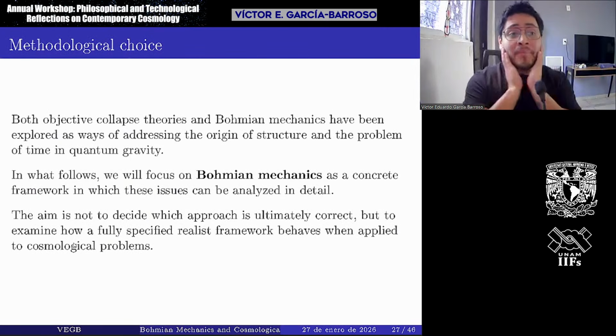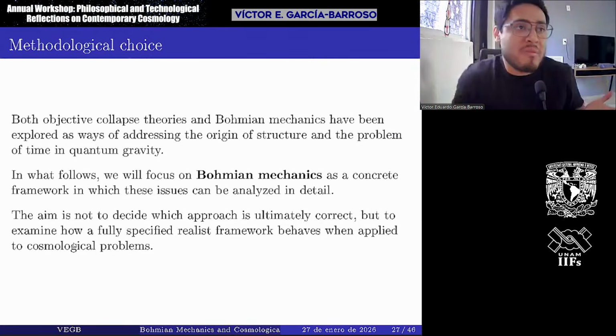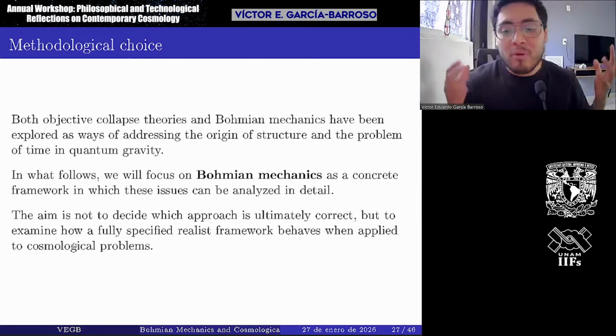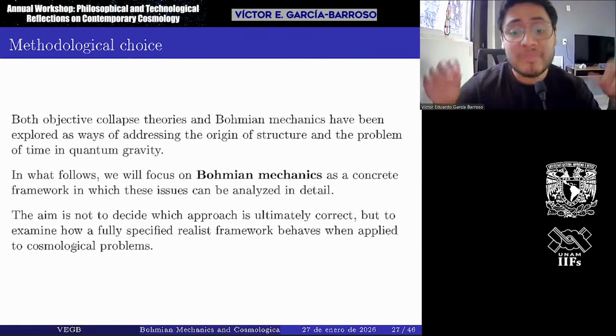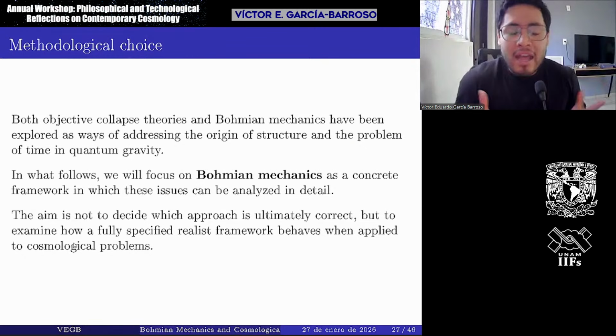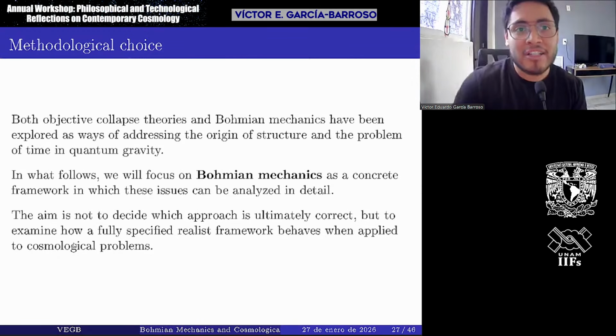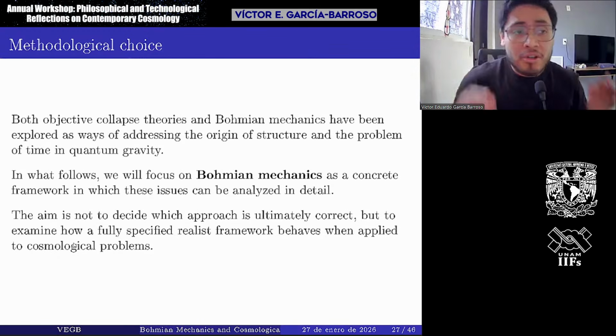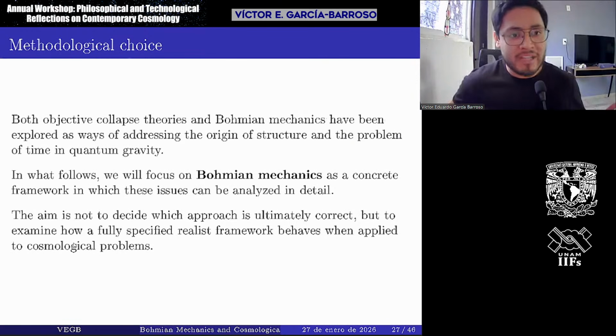So the idea for this work is to choose Bohmian mechanics. My goal isn't to prove that Bohmian mechanics is the only truth. I want to use it as a concrete tool. I want to see if adding a clear physical configuration allows us to solve the structure formation problem and the problem of time. That's the idea.